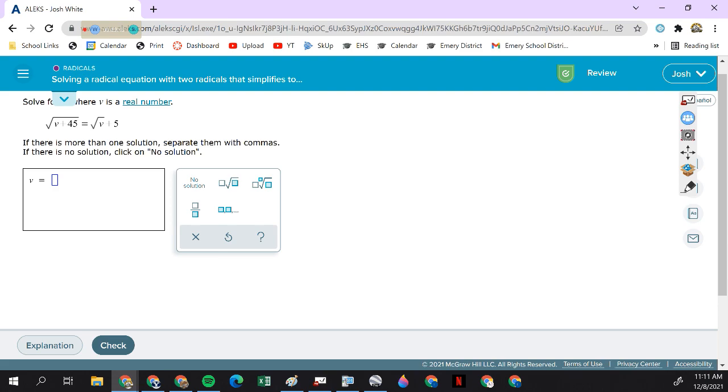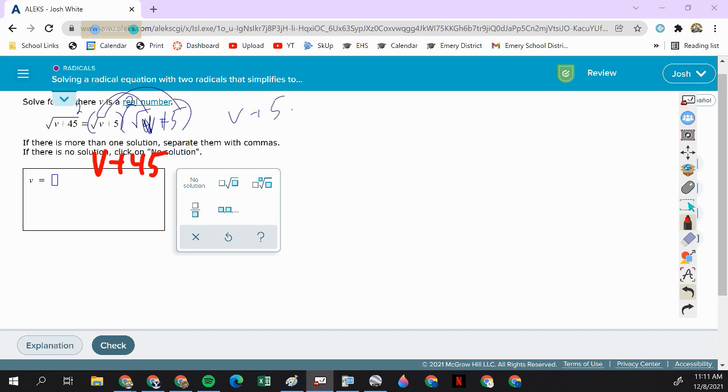All right. Square both sides. So the left side is just v plus 45. And the right side, that's a v. That's v. This is 5v.